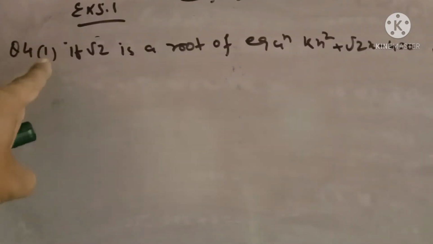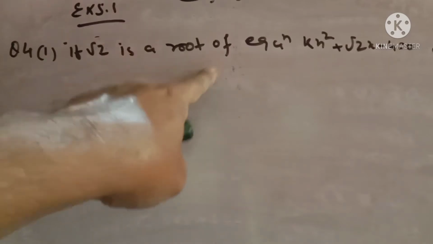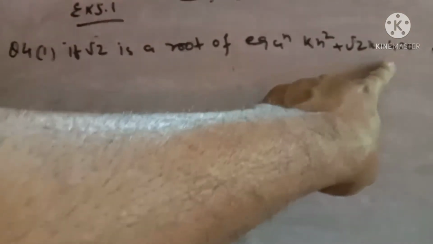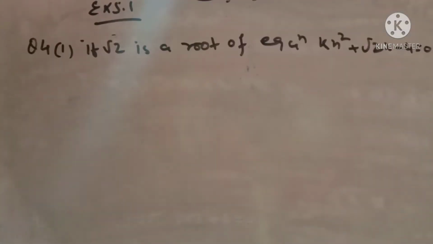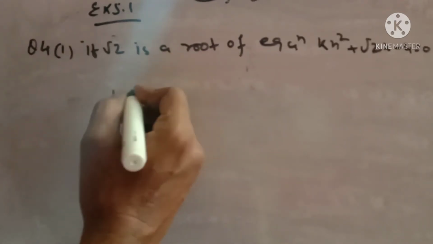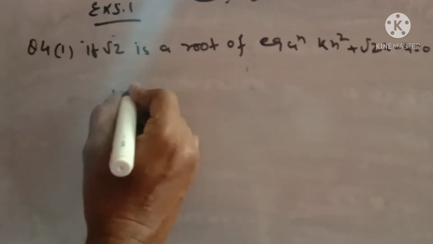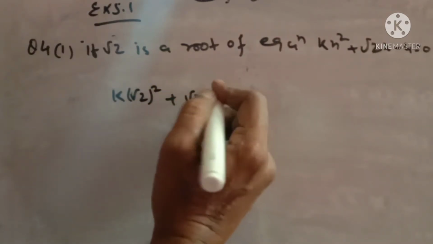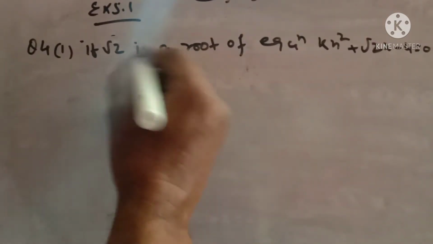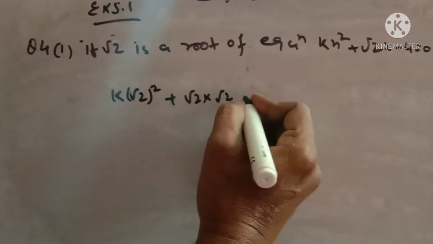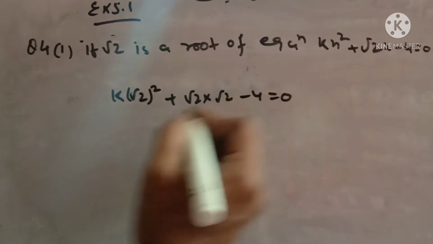Question 4. It is given that root 2 is a root of the equation kx square plus root 2 x minus 4 equal to 0, find k. So now our equation is given: kx square. Instead of x I can write under root 2 whole square, plus root 2 into root 2, minus 4 equal to 0.